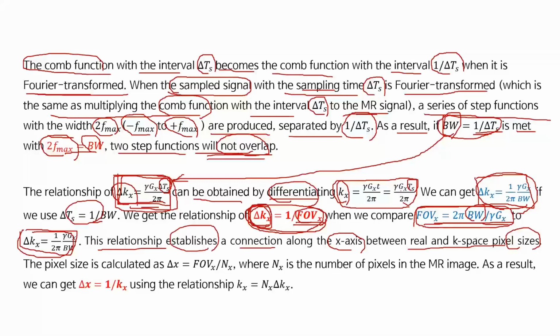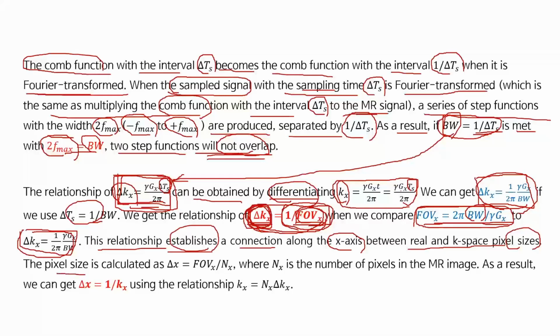So this relation gives the pixel size in k-space along the x-axis and the image size along the x-axis. So the pixel size in k-space is related to the inverse of the image size.